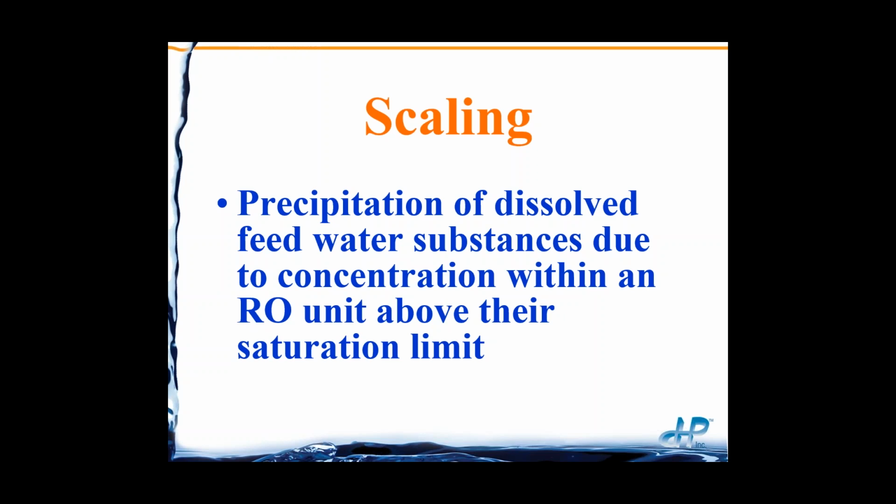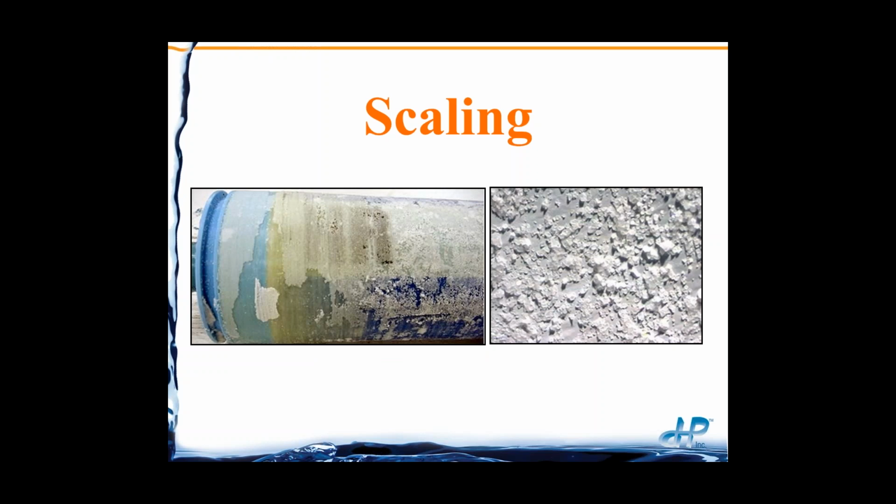But we consider scaling as something that occurs with dissolved substances like calcium and carbonate ions that are independent of each other, and then due to concentration within the RO unit, we force those ions closer and closer together until they finally achieve 100% saturation, and that's all the water will hold. And we won't talk anything about supersaturation. So that's our definition of scaling.